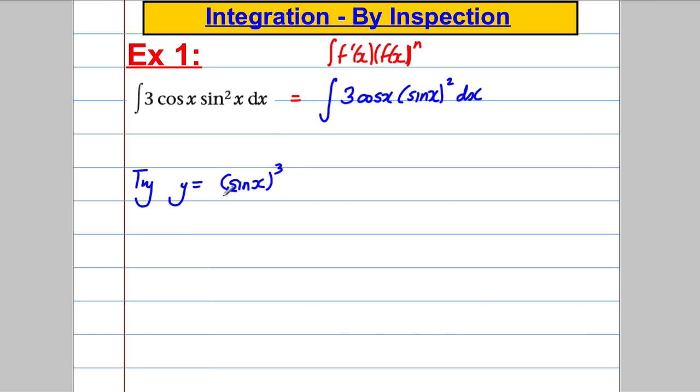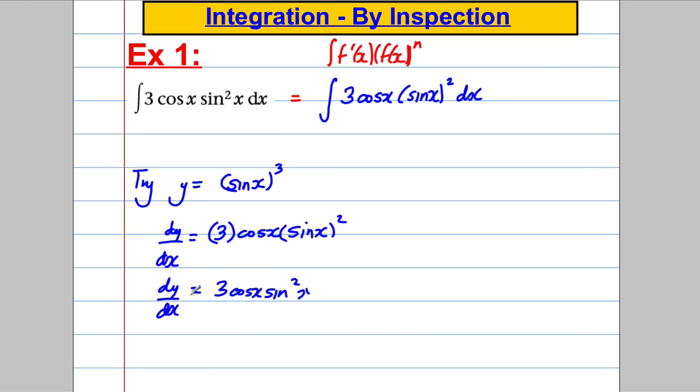If this was our answer and we differentiate this and we get that, we know this is the answer. So dy by dx in this case, well, what would it be? You would multiply by the 3, you would differentiate sine and you would get cosine, and you would keep this, but to one less power, so sine x squared. So it would be 3 cosine x sine squared x.